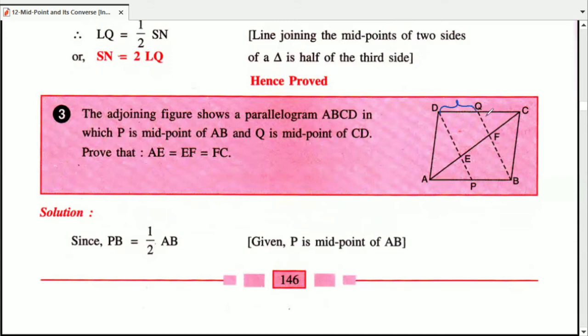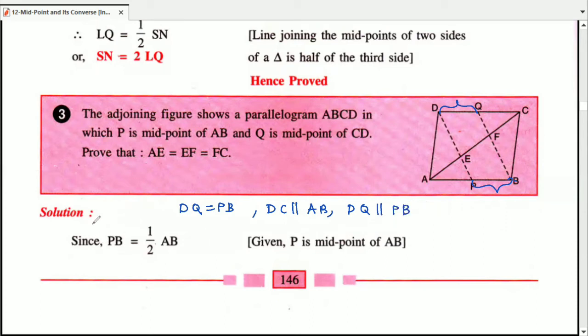Now here we know that DC is parallel to AB. So DQ and PB are parts of the segments DC and AB. So we can conclude that DQ is also parallel to PB.